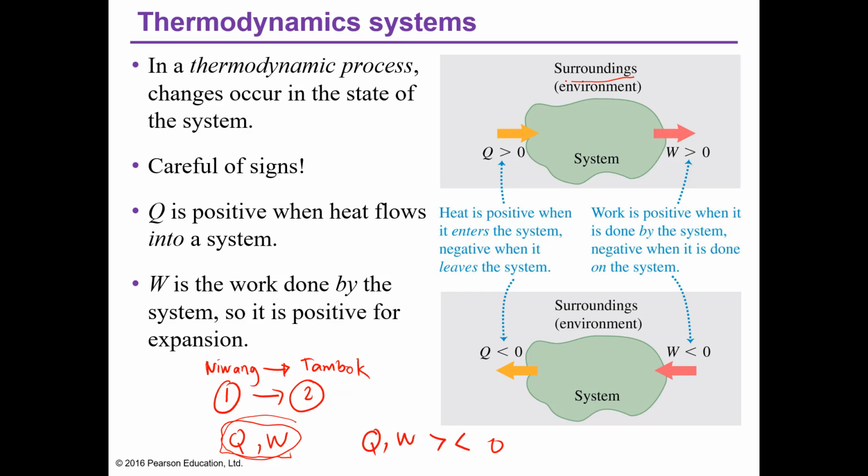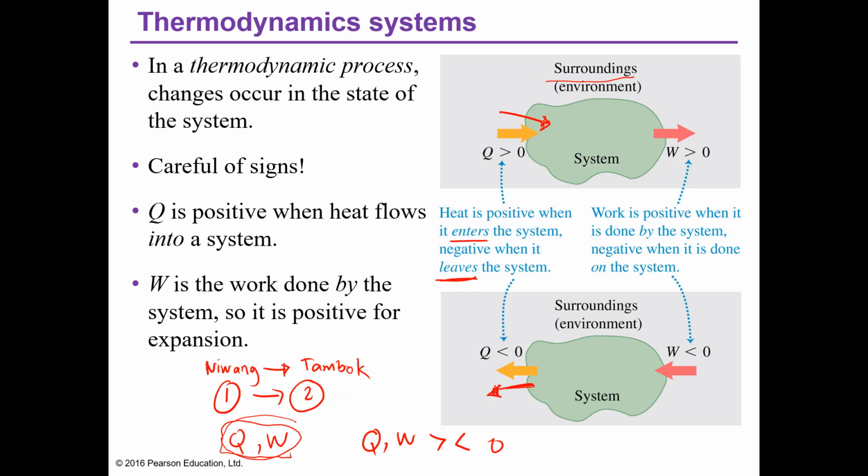Okay? So Q is positive when it enters the system. So if you add heat to the system, then Q must be positive. And negative when it leaves the system. If you remove heat from the system, then your Q is negative. Take note of that. If you add heat to the system, Q is positive.